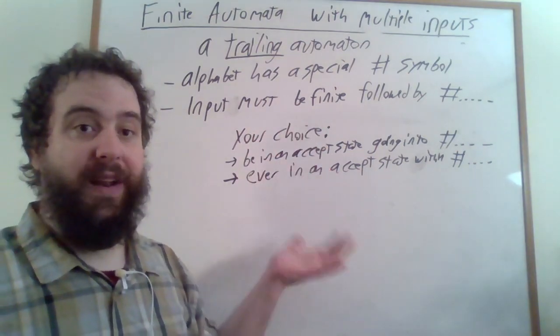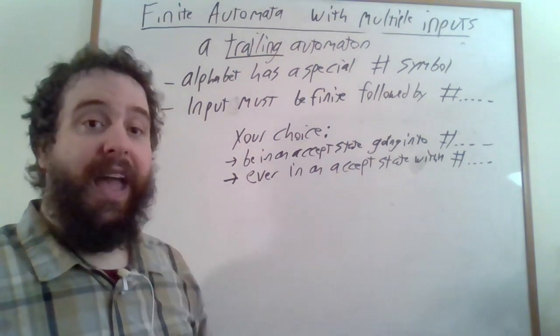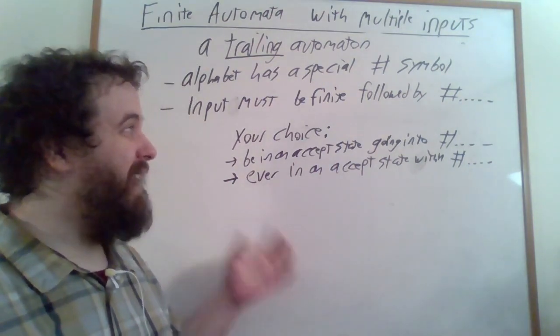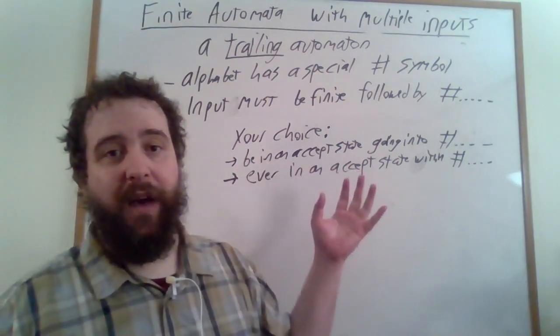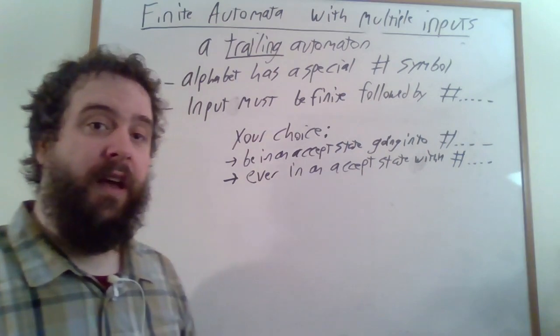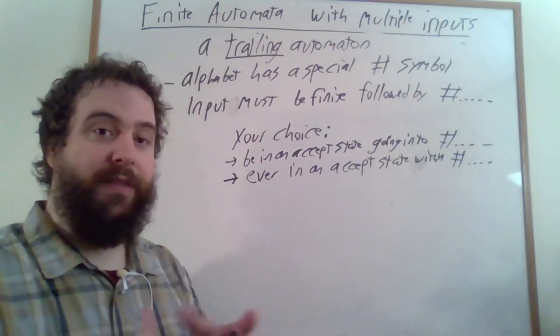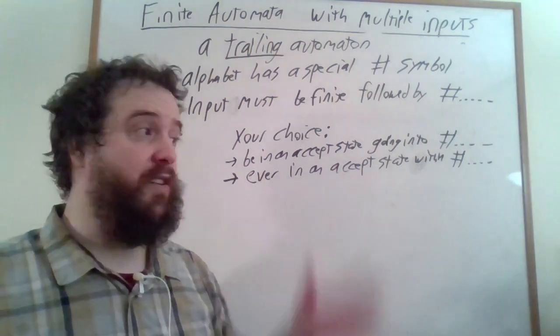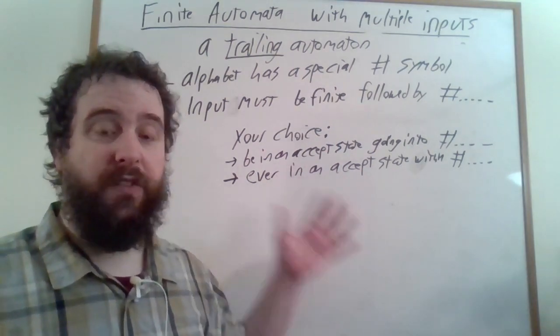We don't change what is regular and what isn't regular. And this is a really cool thing about finite state automata, which is that we can make some small changes to how they're defined, and we can also make massive changes to how they're defined, and we have something that's exactly as powerful as what we started with. We can use it to do regular language things, and we can't use it to do anything else.